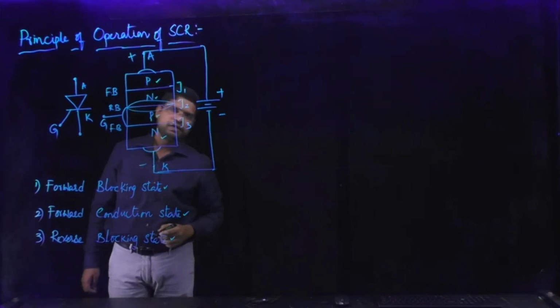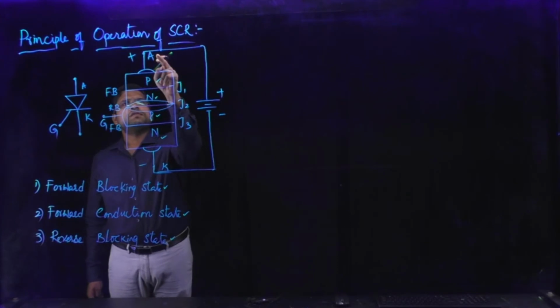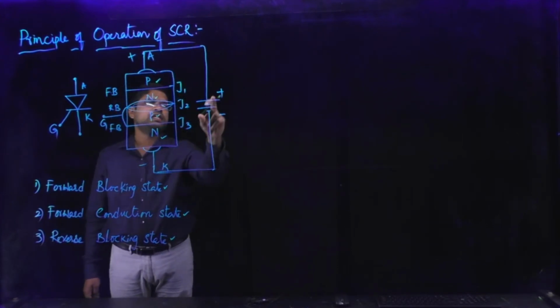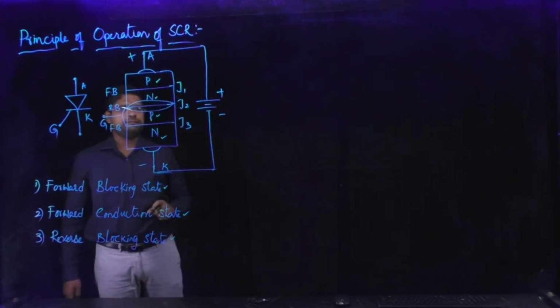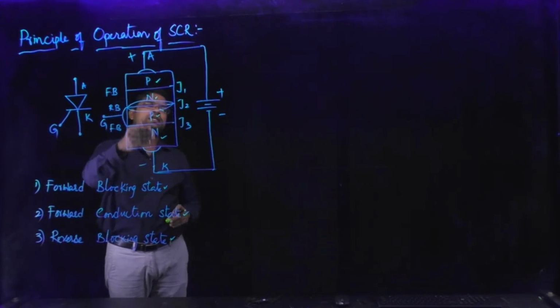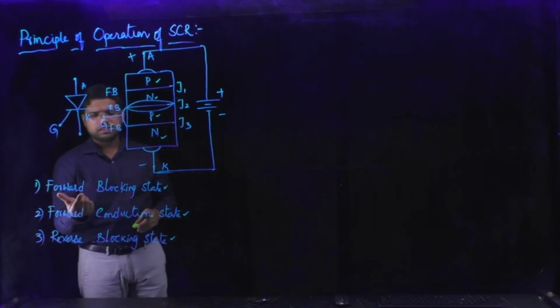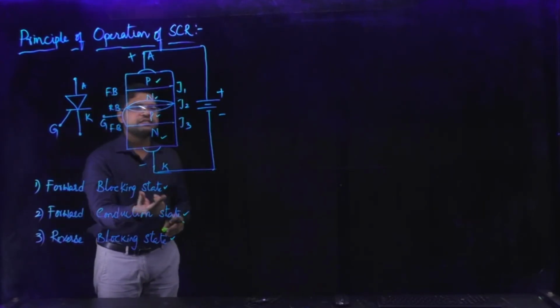This is the depletion layer. So there is no current flowing from anode to cathode even though a voltage is applied across it. That means the device is still in blocking state. Conduction has not happened. That is why that state is called the forward blocking state.